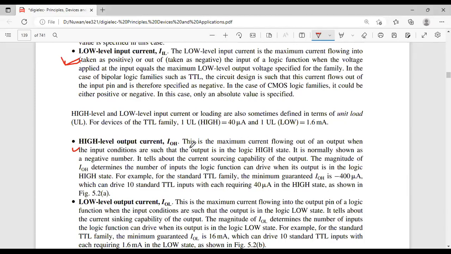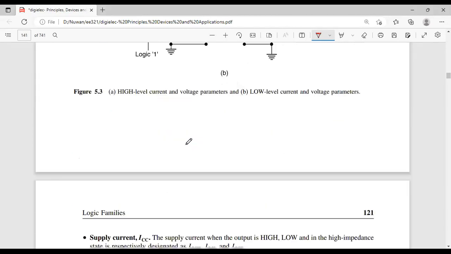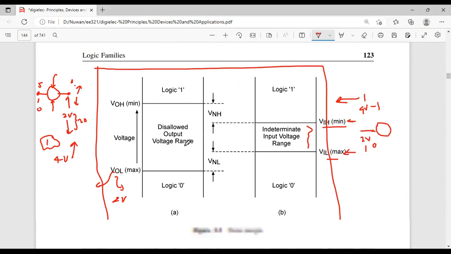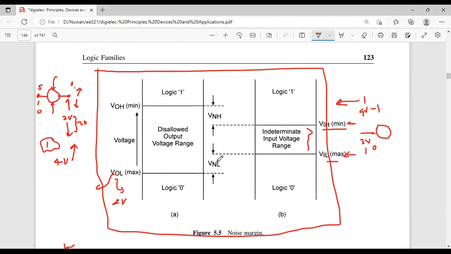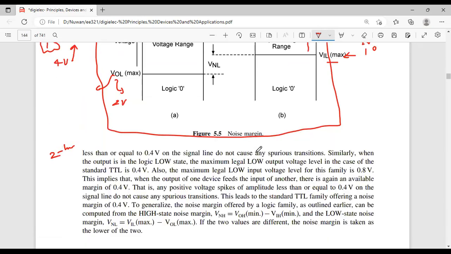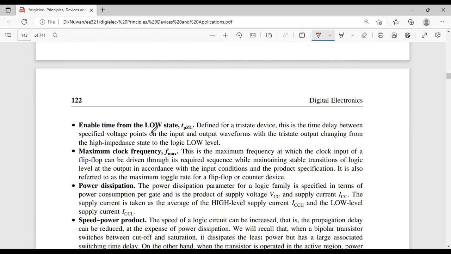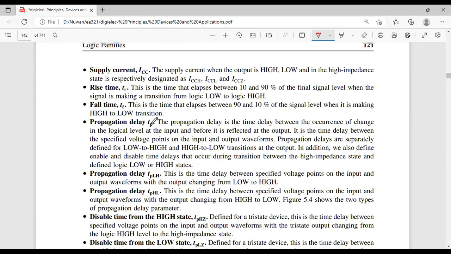Maybe you are given some scenario, any case, that the circuit is not working or something, then you will be asked to explain it using this noise margin and these characteristic parameters.